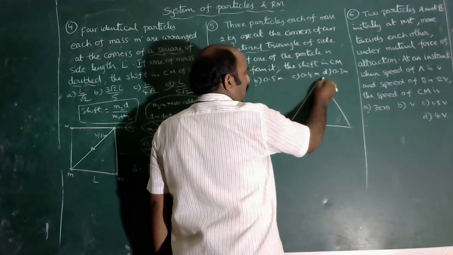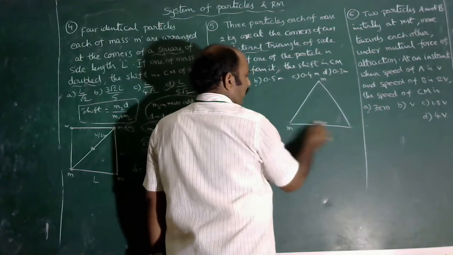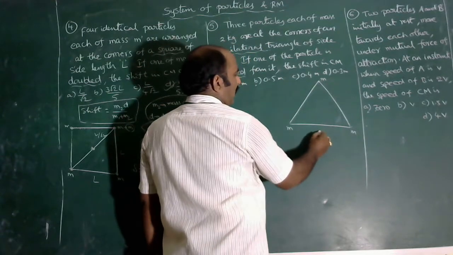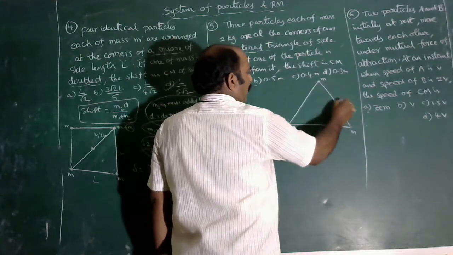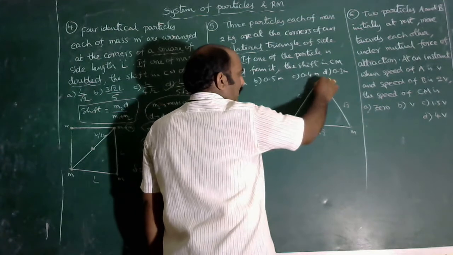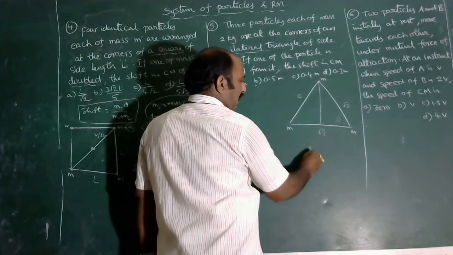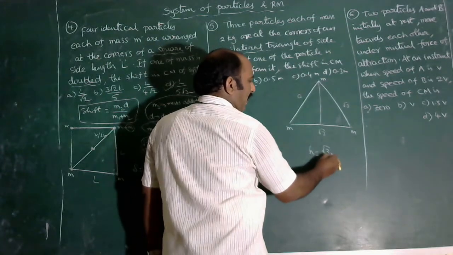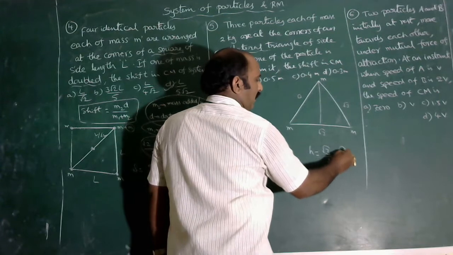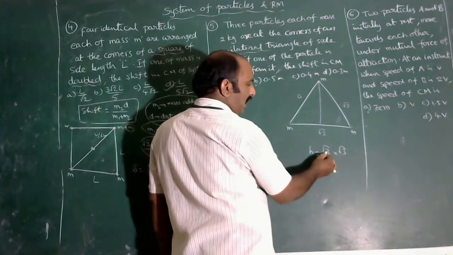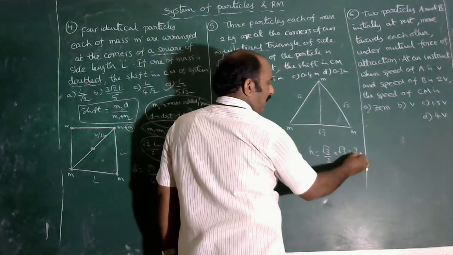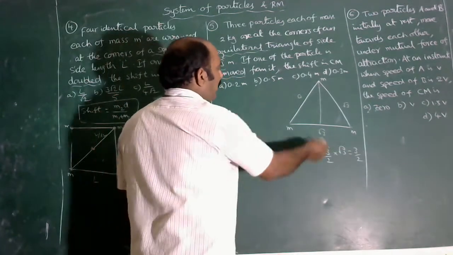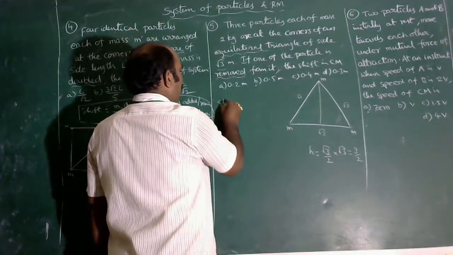Three masses are initially m, with side length root 3 meter. The height of the equilateral triangle is h equal to root 3 by 2 into side. Side is root 3, so finally h is 3 by 2.